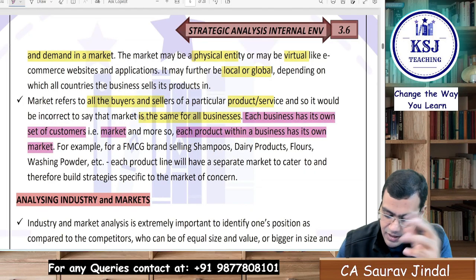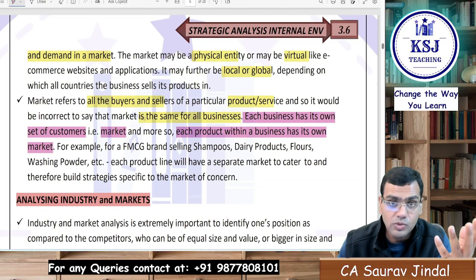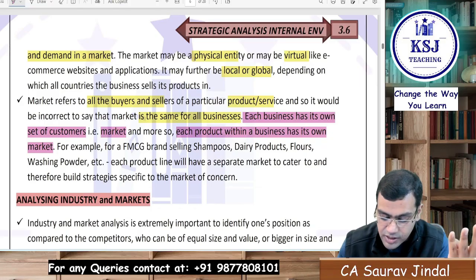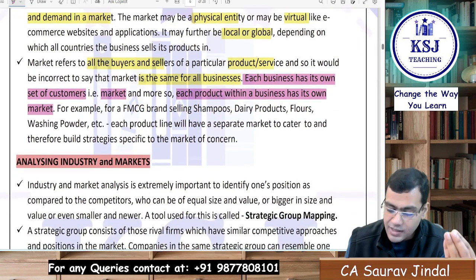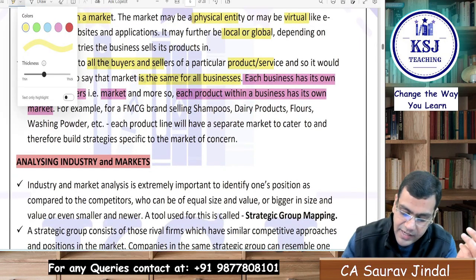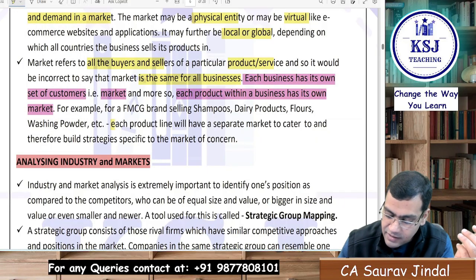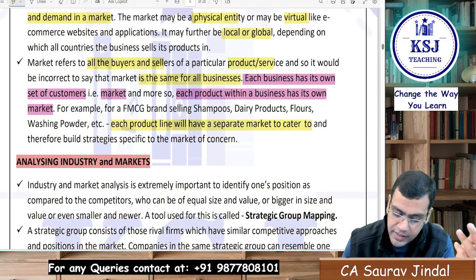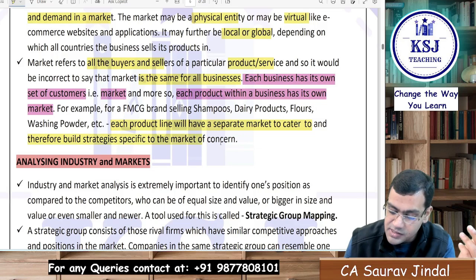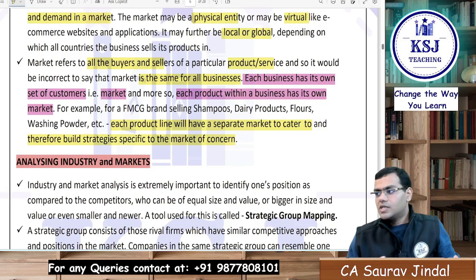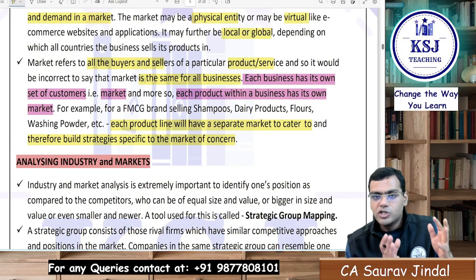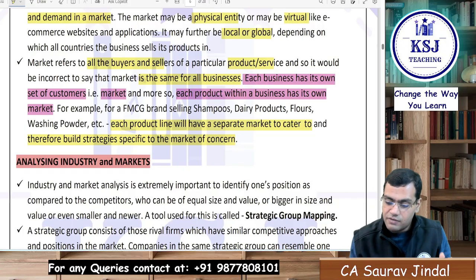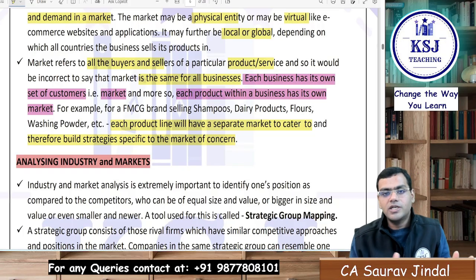For example, an FMCG brand selling shampoos, dairy products, flours, washing powder, each product line is going to have what? Each product line will have a separate market to cater to, and therefore you build a strategy specific to the market of the concern. You will prepare separate strategies for shampoo, for dairy products, for flours, and for washing powder.